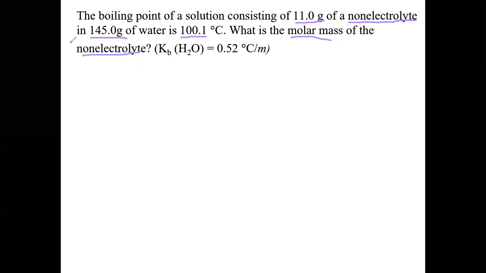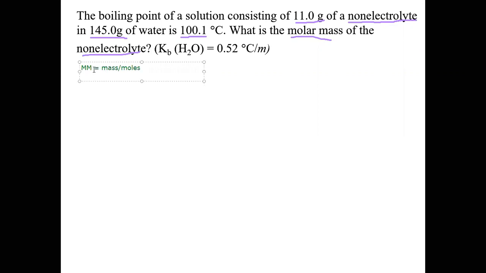So we have this non-electrolyte. We want to know what's the molar mass of it. And so before we begin, the equation for molar mass is the mass divided by the moles. So in order to calculate molar mass, we need to know the mass and the moles of our non-electrolyte.